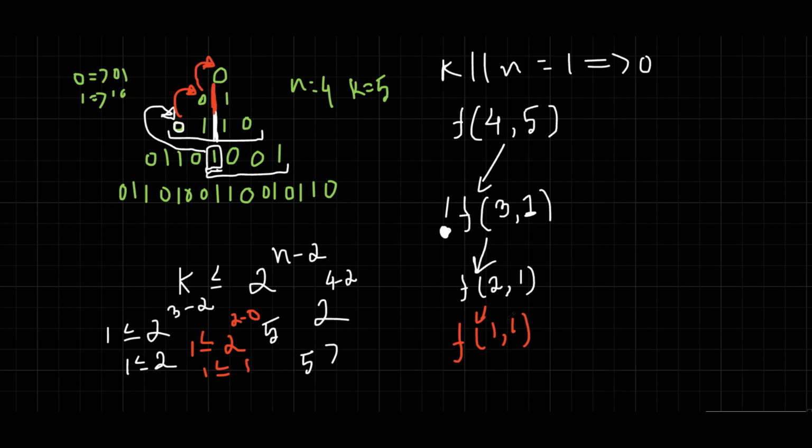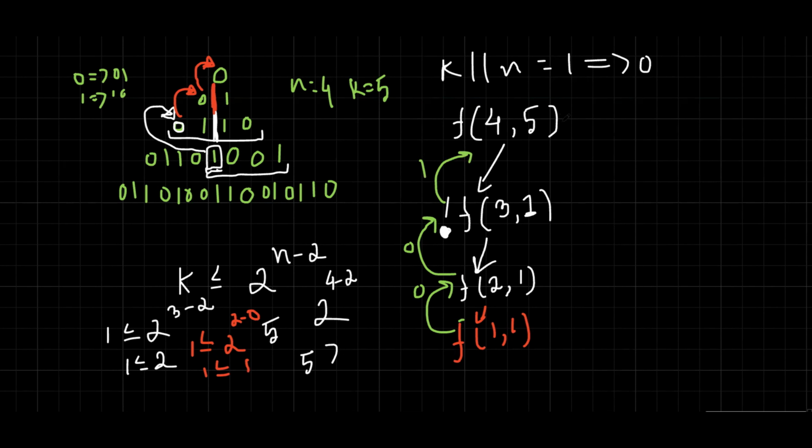So here, this is the base case. From this 1 and 1, we have to return 0 to the caller function. Now 0 is transferred here again to the caller function, but this function will flip the bit. So now this will return the opposite of 0, which is 1.